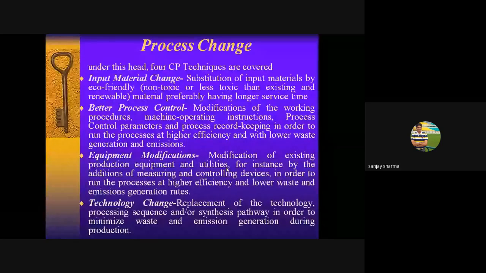Then technology change, which is replacement of the technology, processing sequences, and synthesis pathways in order to minimize waste and emission generation. In one of the textile units earlier, they were heating using a boiler system, burning rice husk waste.